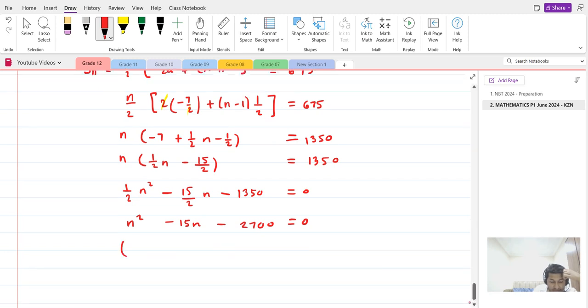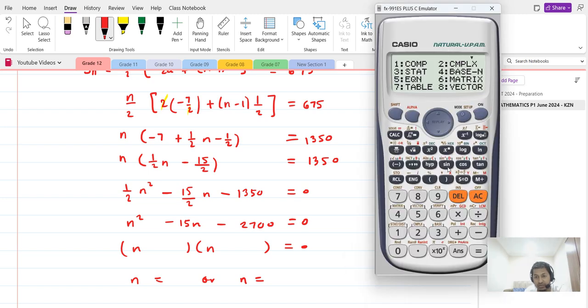Now we're going to use a calculator here. Very large numbers, right? So we write n equals, use a calculator and solve. Obviously if you don't have this calculator you need to use the quadratic formula to solve this problem. A is 1, B is minus 15, and C is minus 2700.